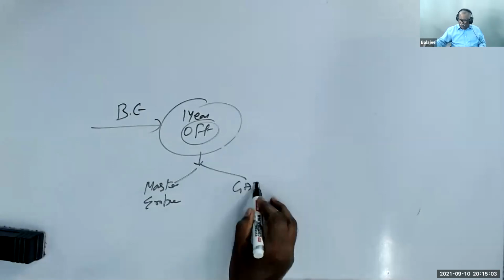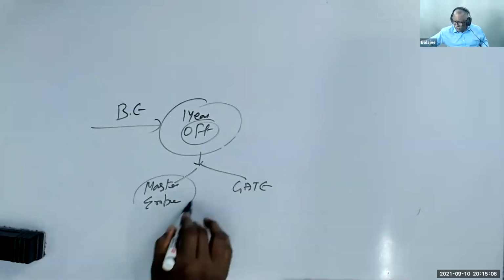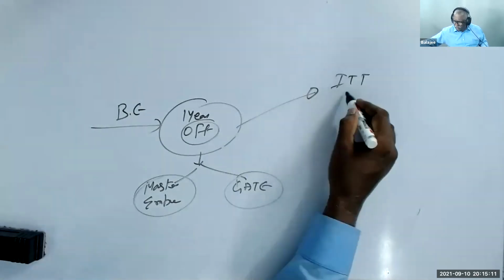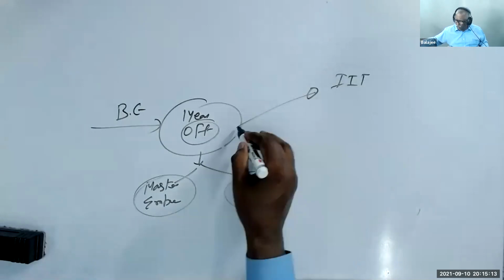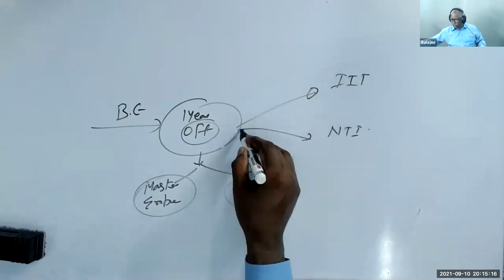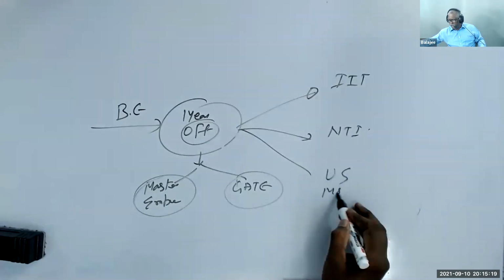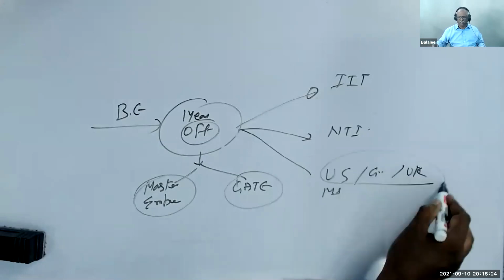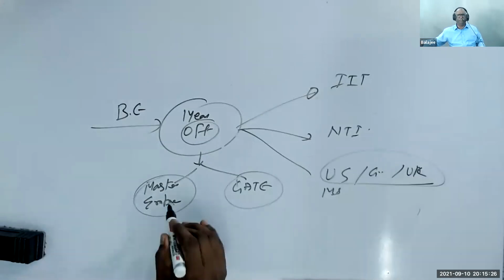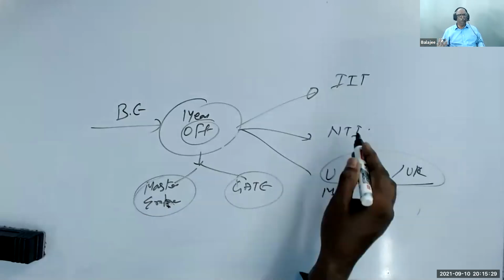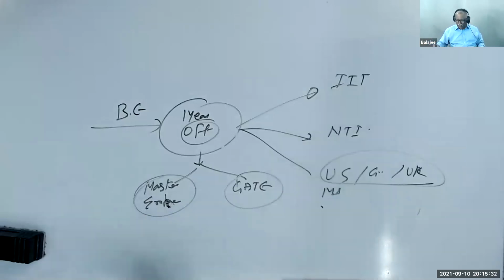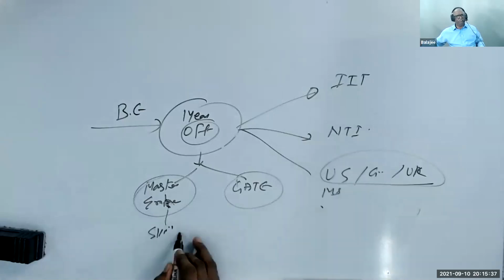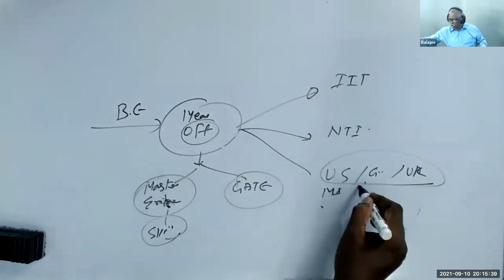So try to get into either IITs or NITs, or you can go to the US for MS, US or German or UK, wherever Western it is. But if you don't do this mastering embedded and go there, it is a waste. You don't have time to learn everything. These are all skills. But if you learn and go there, you will do wonders. You will get good recommendation and you will land in the best company.